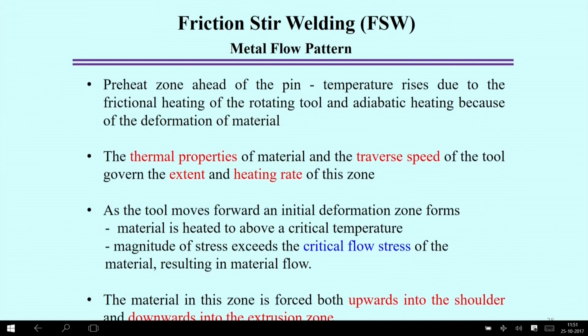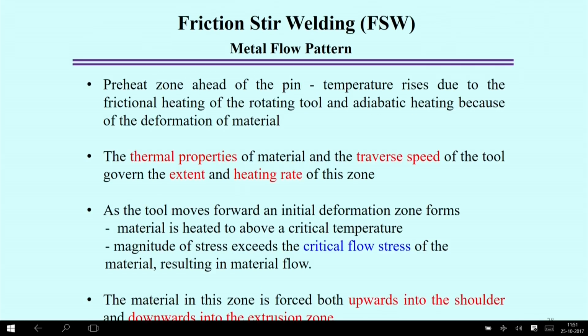We can explain that in the preheat zone ahead of the tool pin, the temperature rises due to the frictional heating of the rotating tool, and at the same time there is another cause of temperature rise, called adiabatic heating, because of the deformation of the material. In the friction stir welding process there is a high deformation of the material, so mechanical energy is converted to thermal energy without any loss.